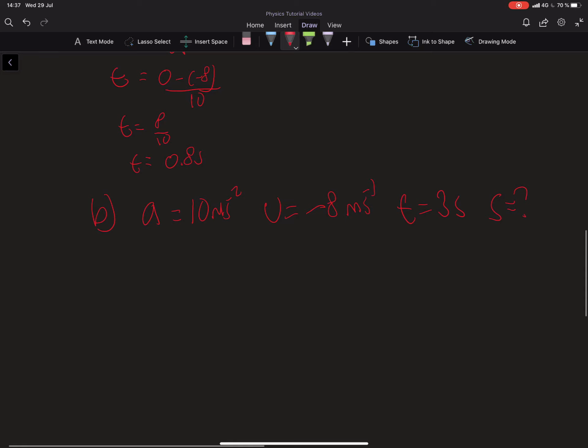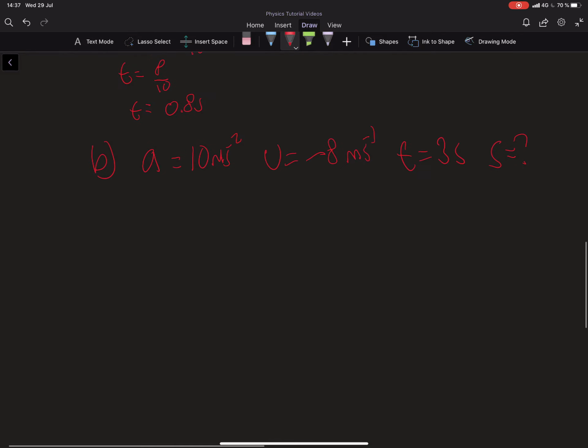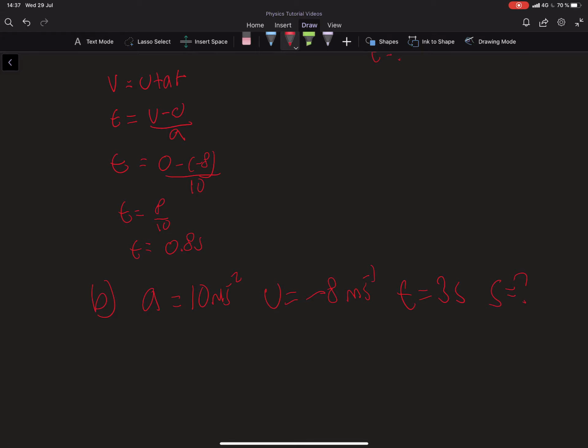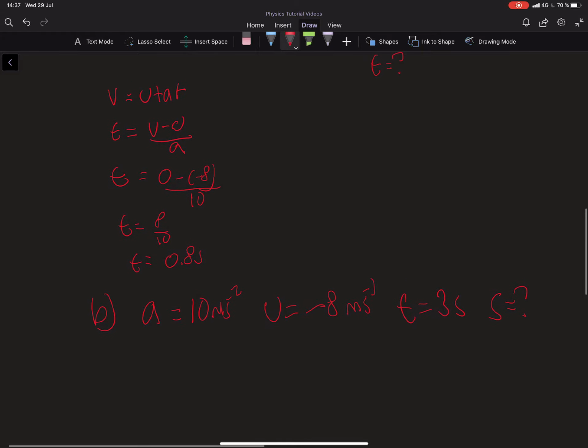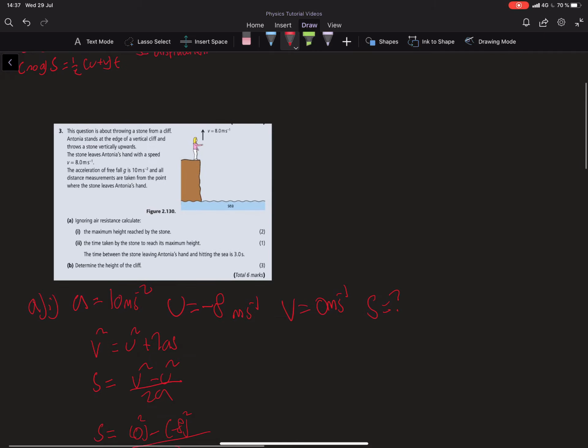What we're not given is the final velocity, as it's no longer 0 because we're now traveling downwards. So let's look at what we have. We don't have the final velocity, so we should be using an equation which doesn't involve v. That would be this third equation here. s is equal to ut plus 1/2 at squared.